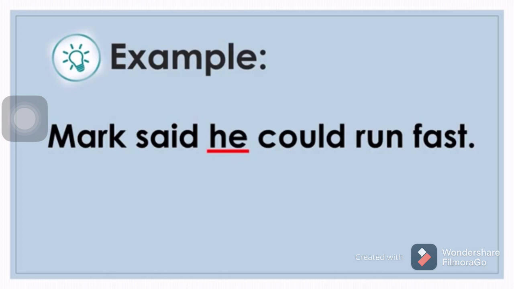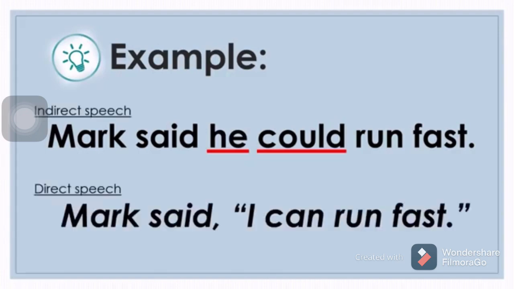Since Mark is a male, of course we're going to use the word he, and there are changes in the verb. Here, let's compare the example from the indirect speech and the direct speech. Have you noticed the difference?